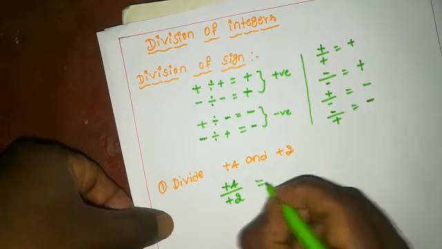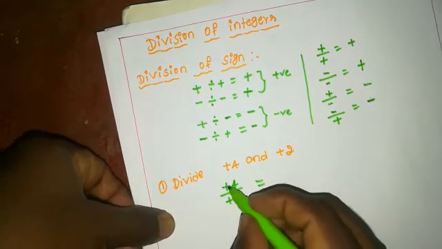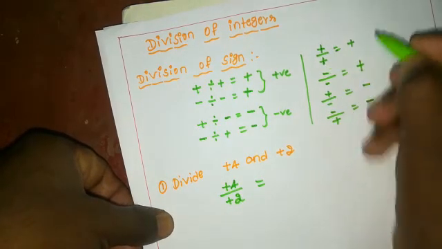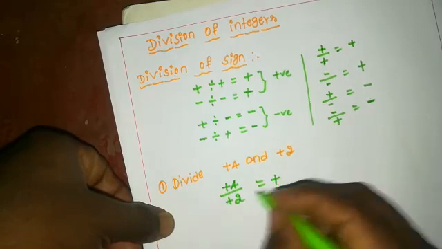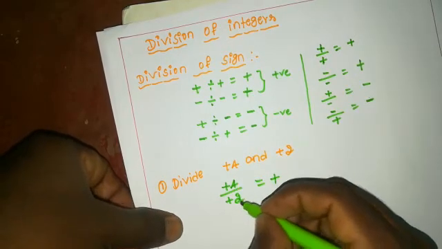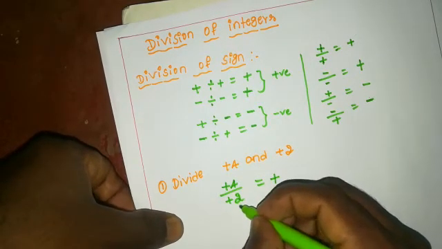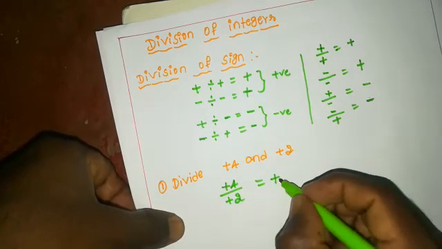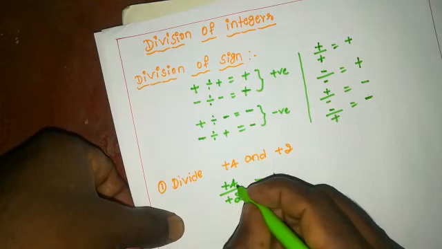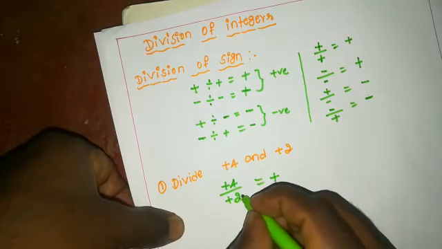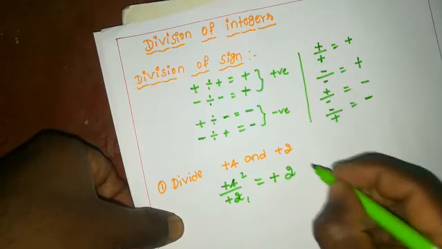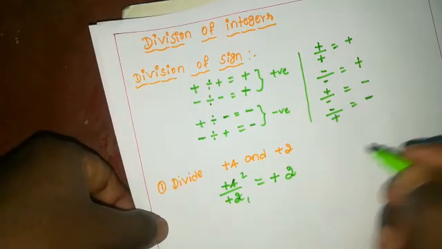We know the division of sign: plus divided by plus, always we get plus. When we are dividing integers having the same sign, we always get positive. Now we divide 4 by 2. 2 ones are 2, 2 twos are 4, we get 2 as the answer. Plus 2 is the answer.